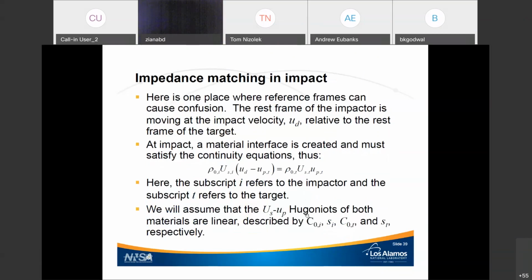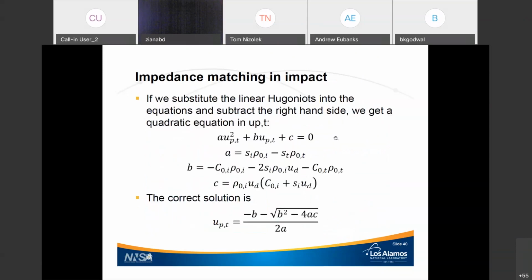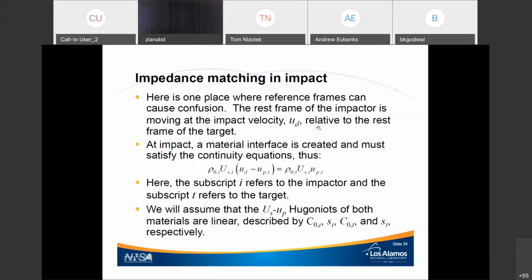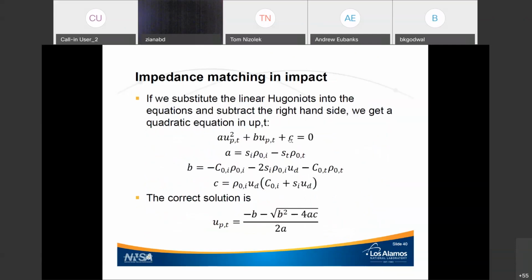If we assume our linear Hugoniots apply to both materials, then you can calculate what the shock state is, in particular, the particle velocity in the target, by solving this quadratic equation right here for the root of this. Remember, there are two roots to most quadratic equations.